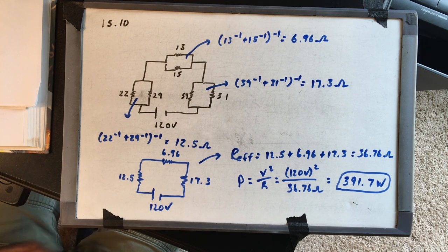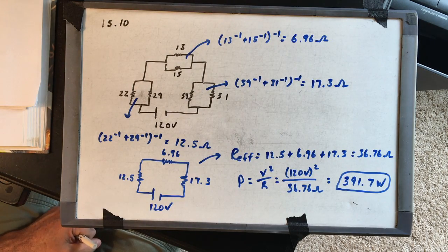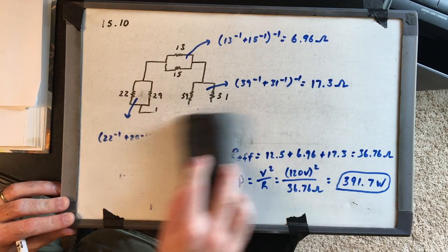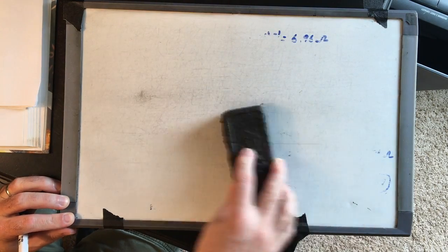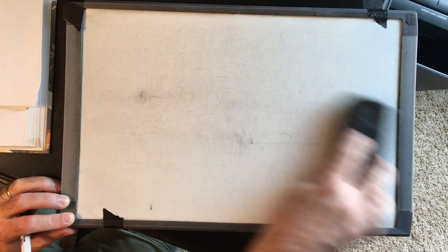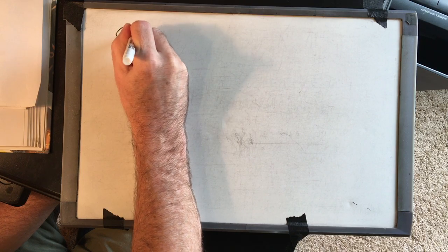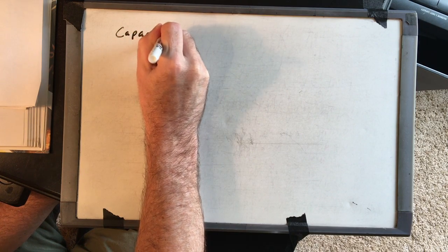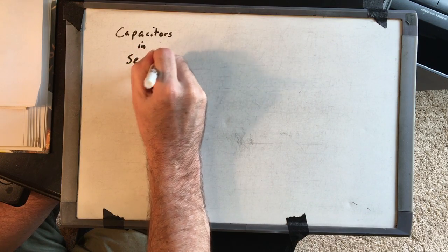Okay, I do want to talk about, because you will be responsible on your tests for knowing how you calculate capacitance in a circuit. So if you look at the very bottom of your notes, you won't have any that you have to do the math, but I do want you to know for capacitors in series, it's basically the opposite.